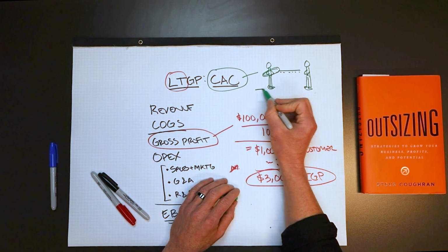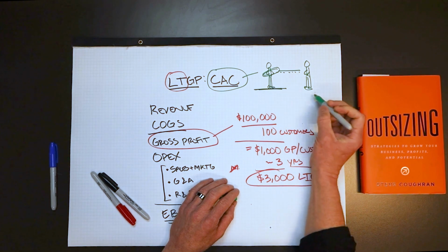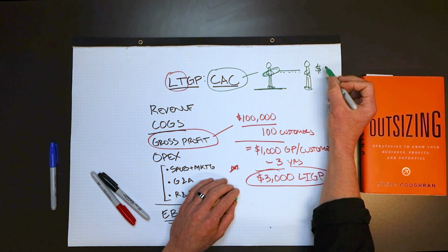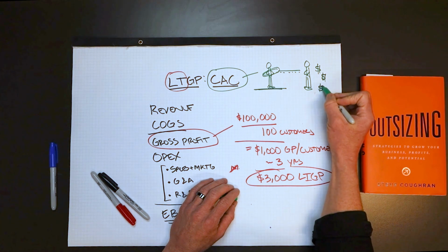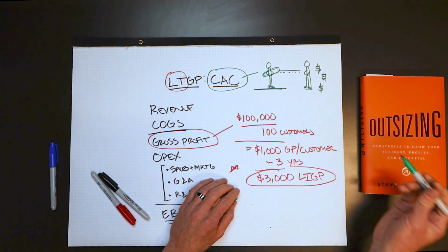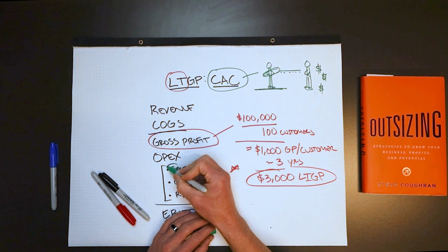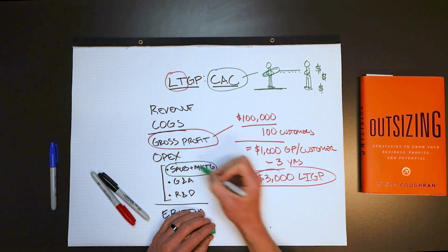Now, in the process of acquiring customers, the business or the salesperson is going to spend money on conferences, events, marketing, advertising, paid ads, printing, all these different things. And therefore, all those costs are being recorded down here in sales and marketing.